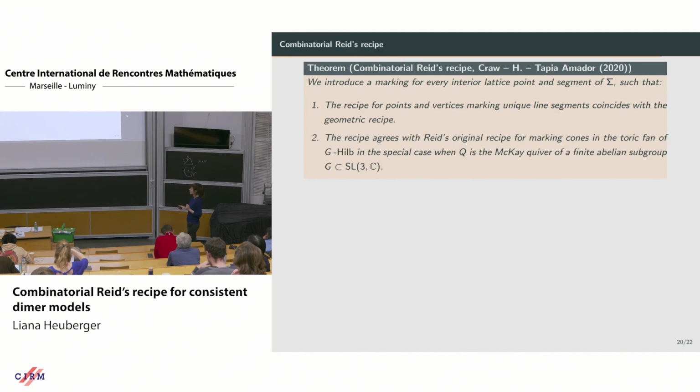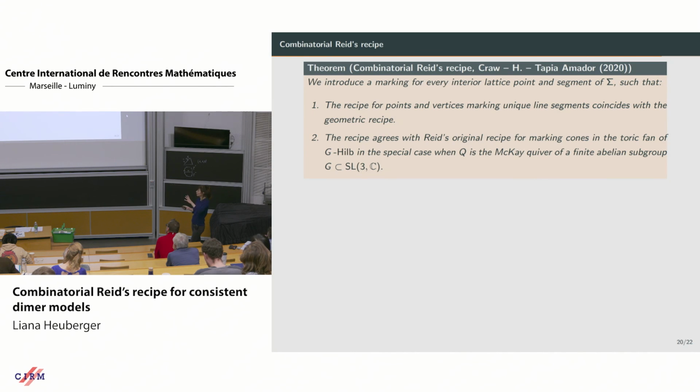So now what Alistair, Jesus and I did was introduce a recipe that tells you how you should mark everything. And then we proved that it agrees with the derived expression from before, and it also agrees with what happens on triangles.